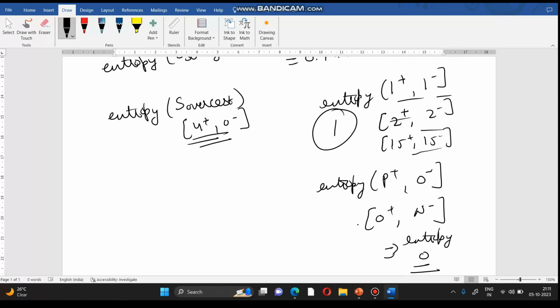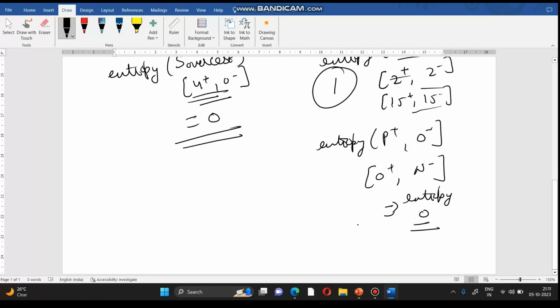So here we have 4 positive but 0 negative, so in this case the entropy will be 0. Similarly, we calculate the entropy for the next value.